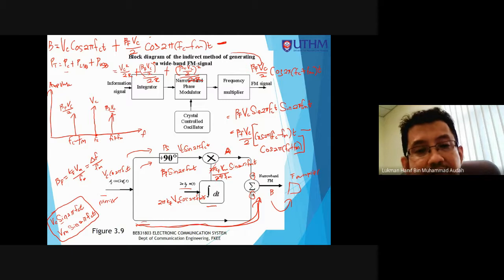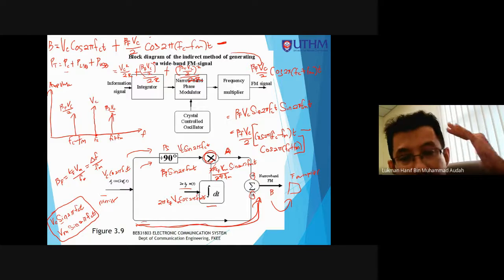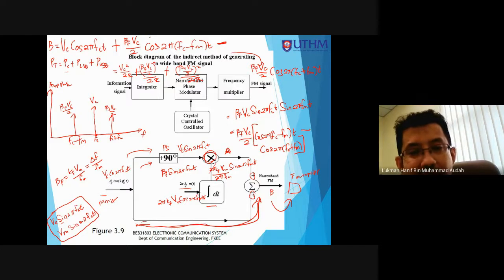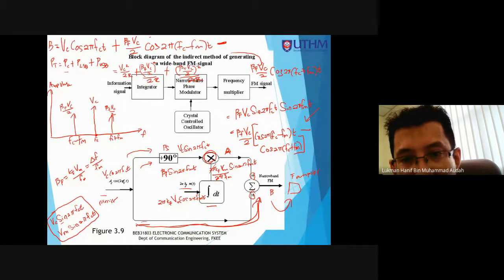So later dalam modulator ini kamu akan darabkan cos dengan cos. So cos and cos, you will produce cos plus cos. Okay, kalau dia cos dengan cos bermakna beza di bahagian sini, ini akan jadi plus.